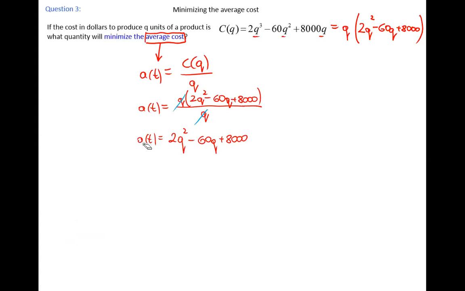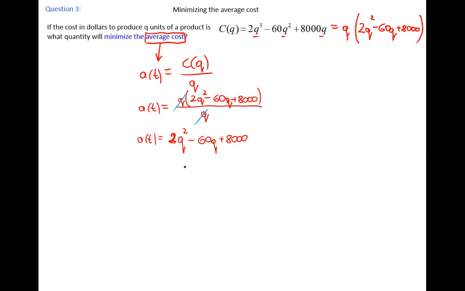But since this function is a quadratic function with the leading coefficient being positive, the graph is a parabola opening up. We're looking at the vertex because that will be the minimum, the local or even the global minimum value. We have a few different ways. We can use calculus, and we will use calculus.